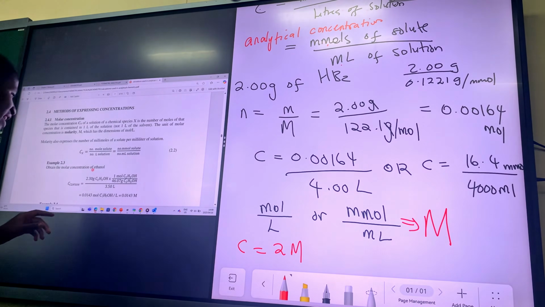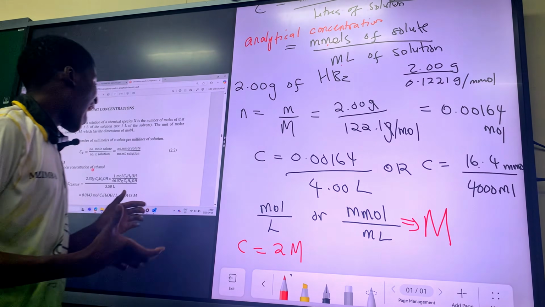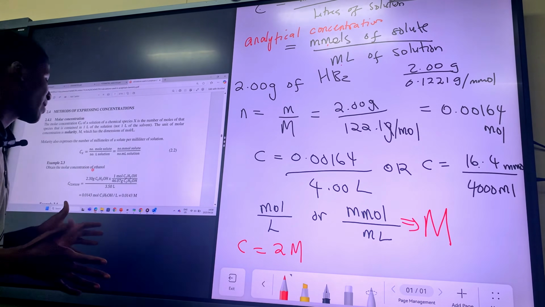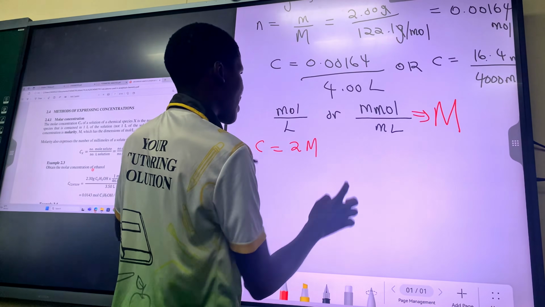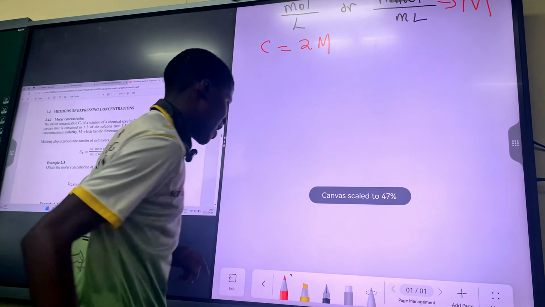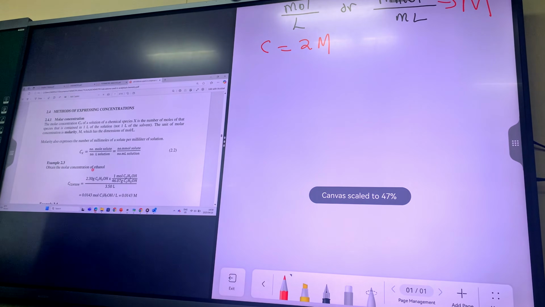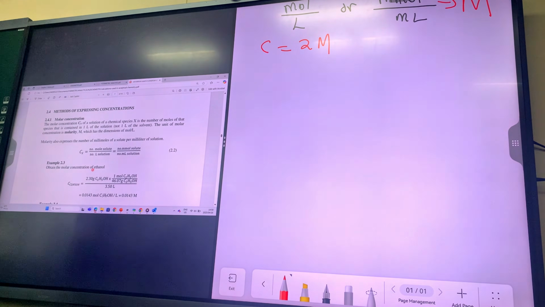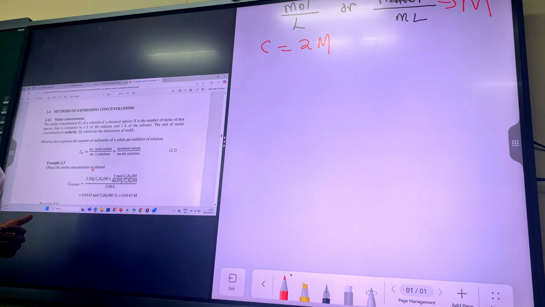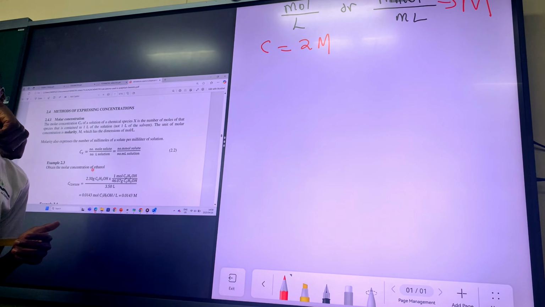So using that, we can actually talk about how we prepare our solutions. To prepare our solutions, I think this is also going to be a helpful laboratory exercise. Basically, the idea is you measure a certain mass and then you dissolve that mass.